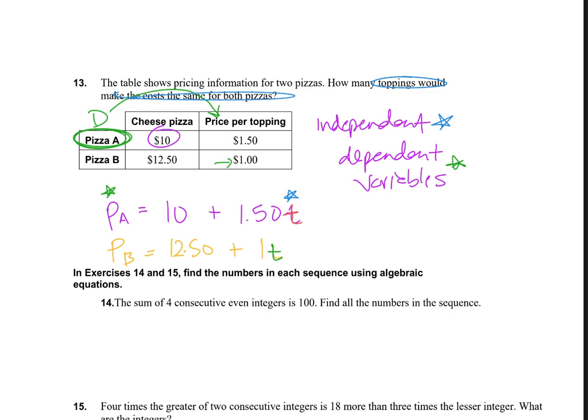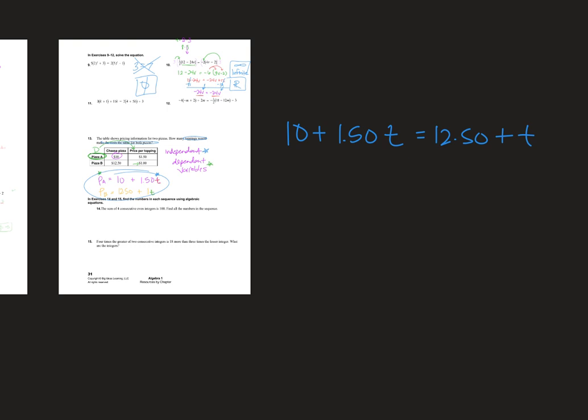So what we're going to do is set these two equal to each other, and we get 10 plus $1.50 per topping is equal to $12.50 plus just 1 topping, which in theory is $1 per topping. And now this is where I'm going to leave you to solve it yourself.